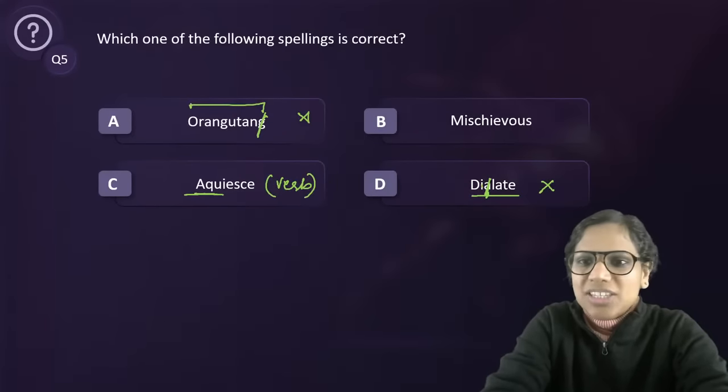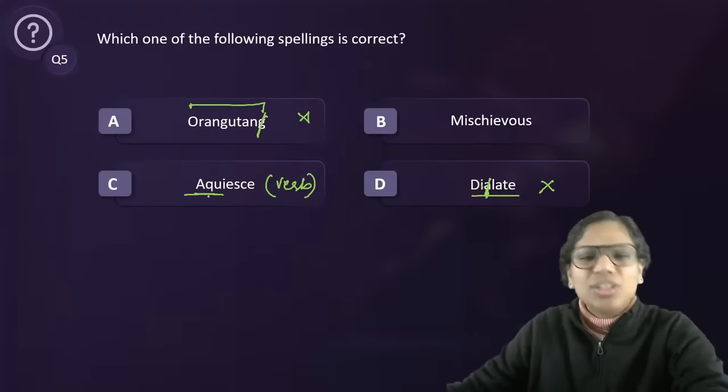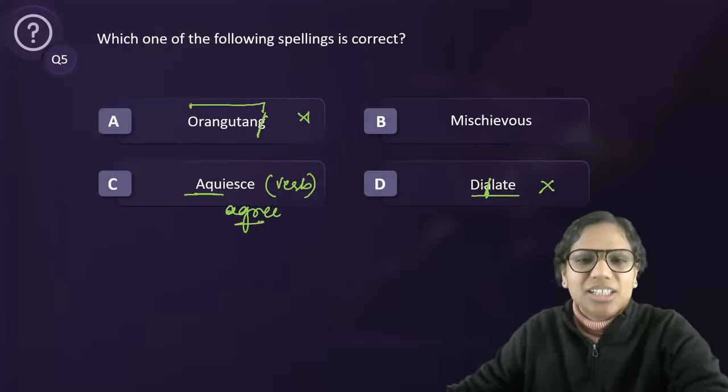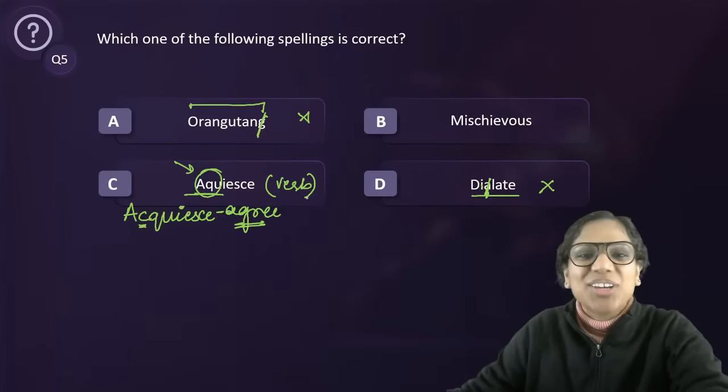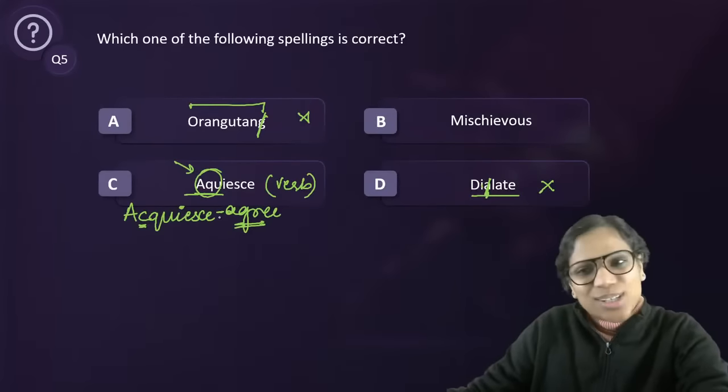When we acquiesce to someone's demands, we reluctantly agree. We agree to their demands, okay, reluctantly a little. So the spelling is acquiesce. Okay, there is a C here. There's nothing aqua about it, nothing watery about it. Okay, so this is also wrong.